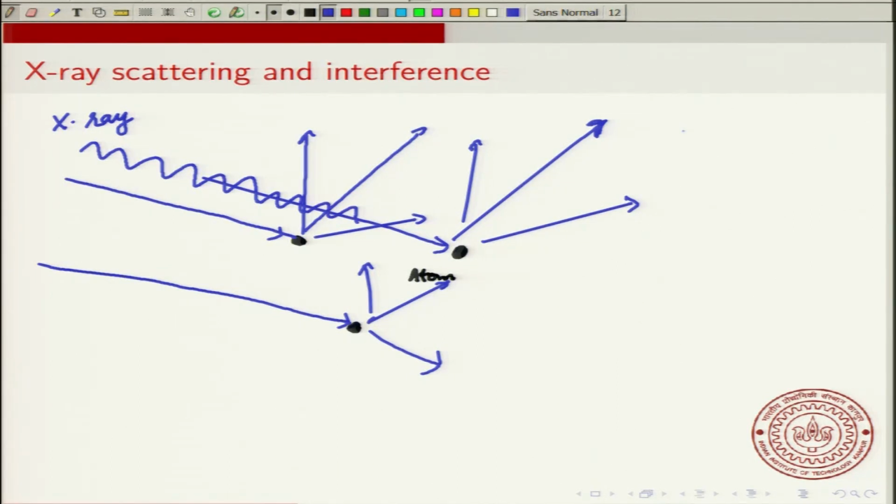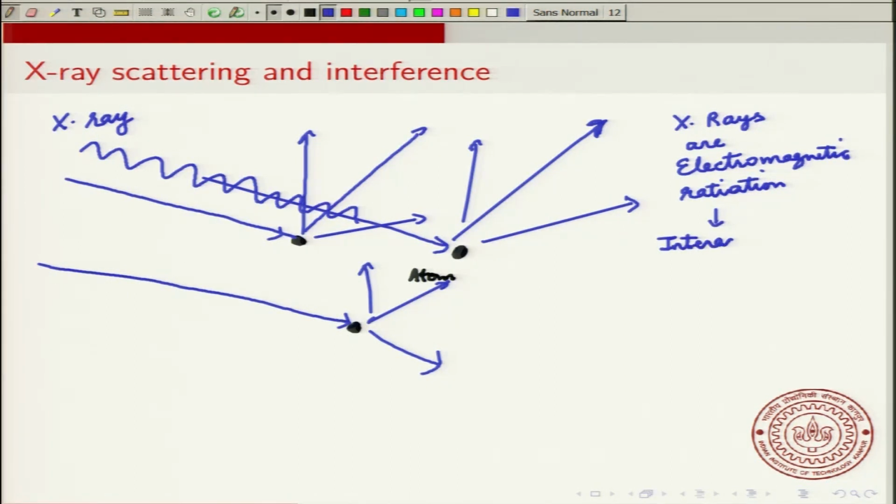So, I will just emphasize this part, that X-rays are electromagnetic radiation, and they interact with the electron density field of atoms.